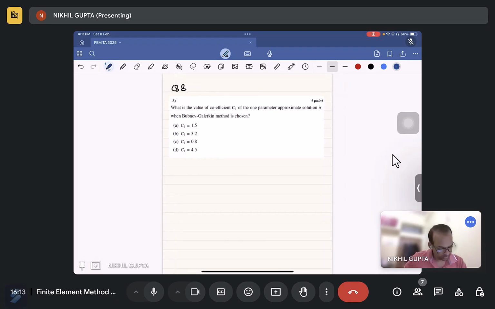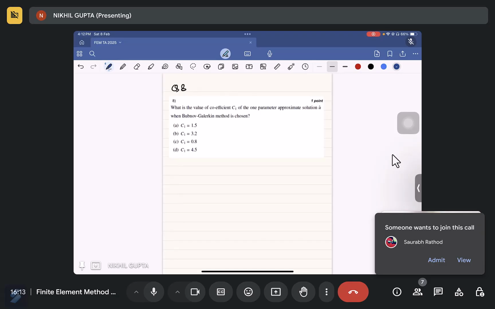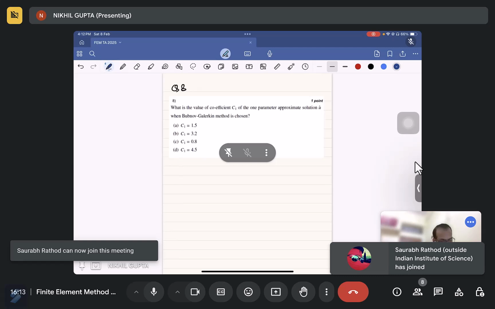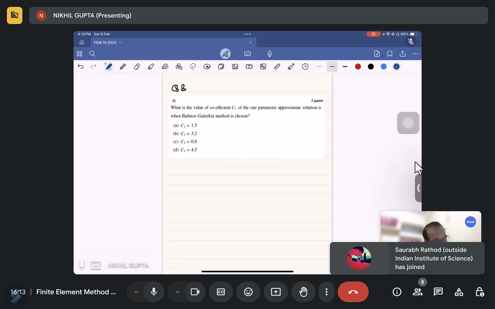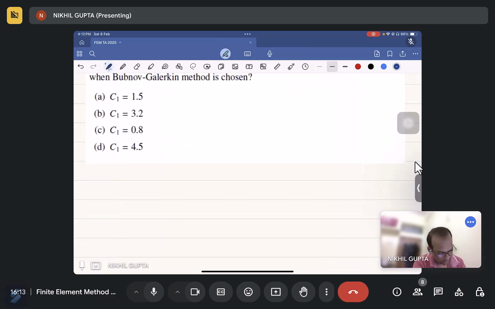Okay, now you have to use the Galerkin method to find the coefficient for the same question. Let's solve this now. So with Galerkin, you know that you can use the weight function as N1.